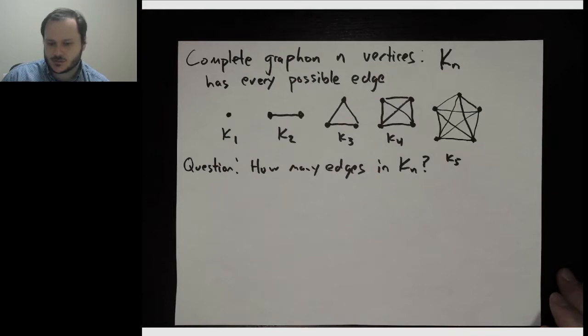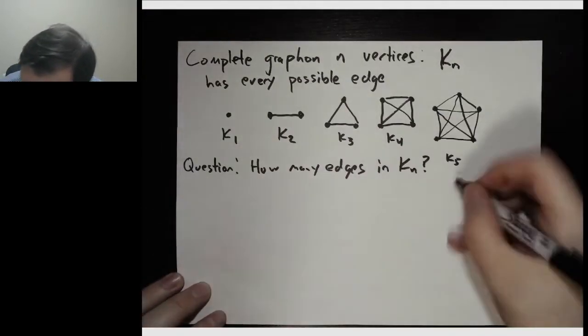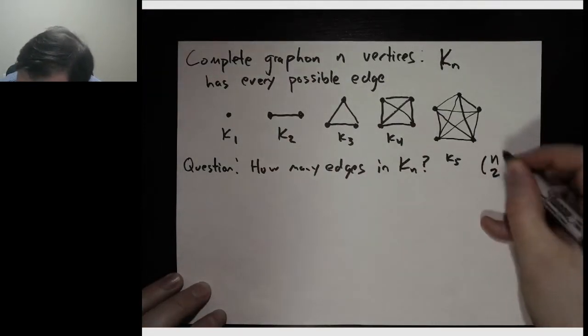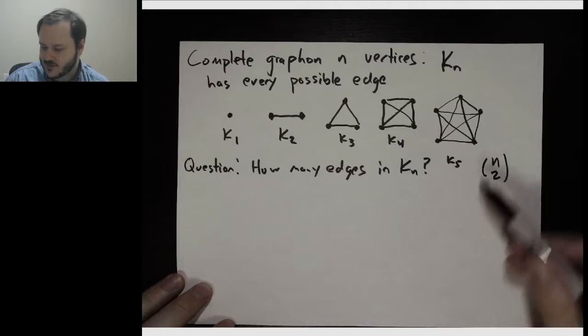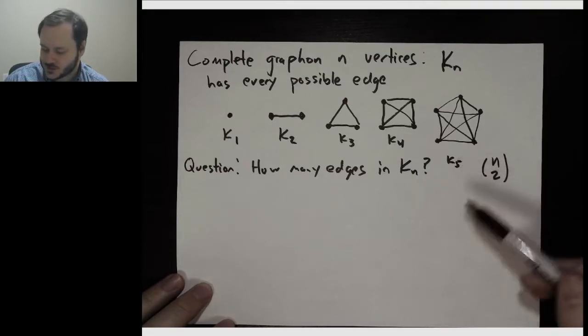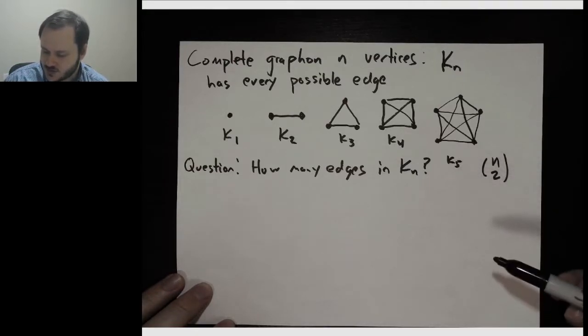So there's just 2 vertices and an edge. And we want every possible set of 2 vertices where order does not matter, which means there are n choose 2 edges in Kn. So here n is 5, 5 choose 2 is 5 factorial over 2 factorial, 3 factorial.